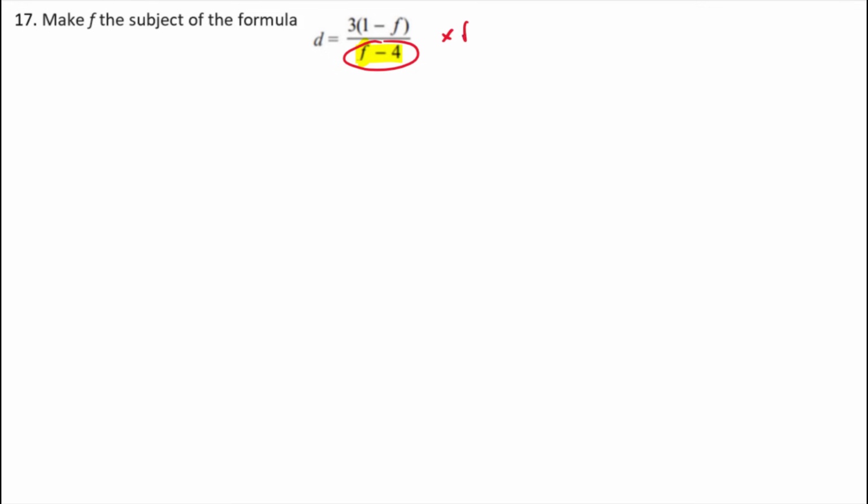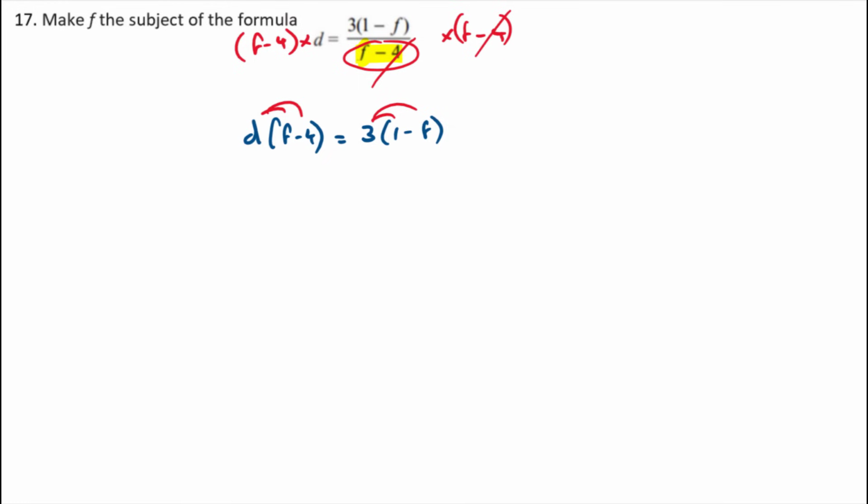So if I times F minus 4 on both sides, F minus 4 times that is going to cancel with that one. And it's going to leave me with D lots of F minus 4 equals 3 lots of 1 minus F. Okay? Now multiplying out the brackets, that's going to give me DF minus 4D is equal to 3 minus 3F.